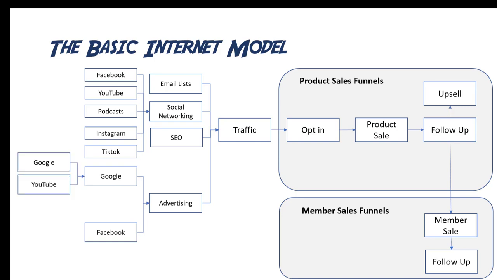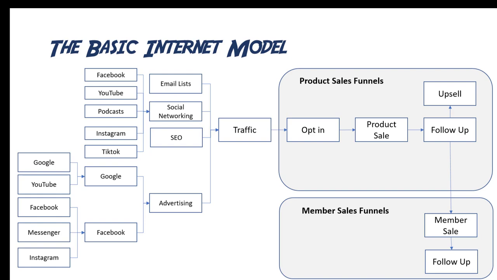Google has several different advertising platforms, but the two big ones are Google AdWords, which is what you get when you search, and YouTube. Those are the two big ones. And those are the two biggest searching platforms around. Facebook primarily has Facebook, Facebook Messenger, and Instagram. So those 5 different advertising platforms are where you can put money and get quick results.